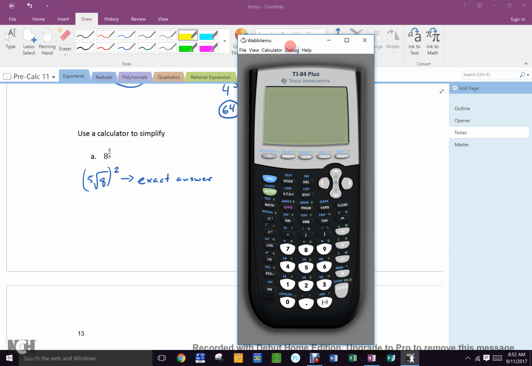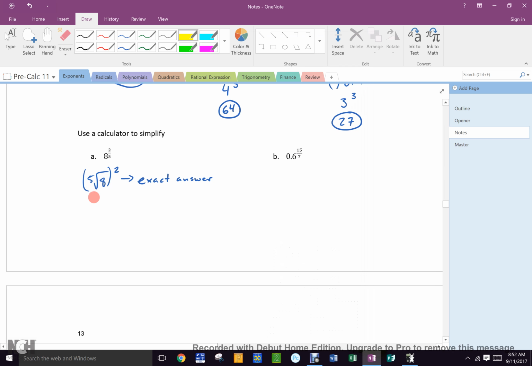Well, get out your calculator and check. How do I put that into my calculator? 8 exponent bracket 2 divided by 5. Close brackets. Barf. My screen filled up. Irrational number. So that becomes our estimated value.